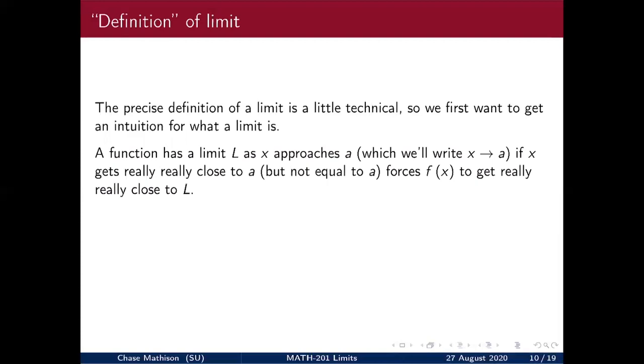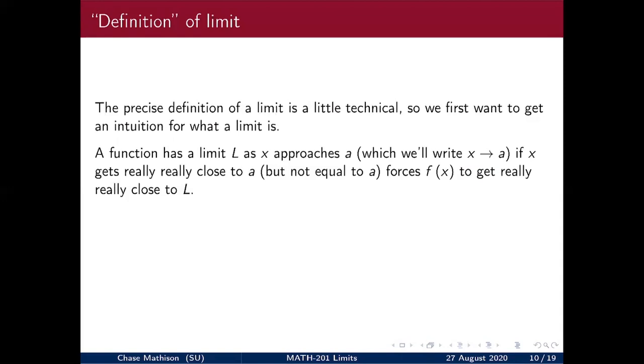I'm going to say a function f, I forgot to say f, the function f of x has a limit L as x approaches a, which we write with this notation here. If x gets really, really, really close to a, but not necessarily equal to a, that forces f of x to become really, really close to L, okay?